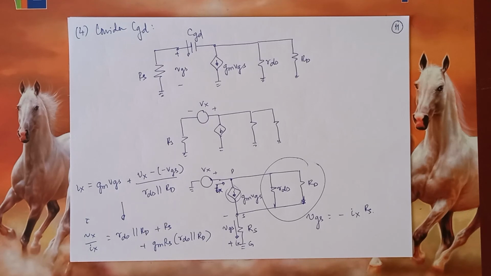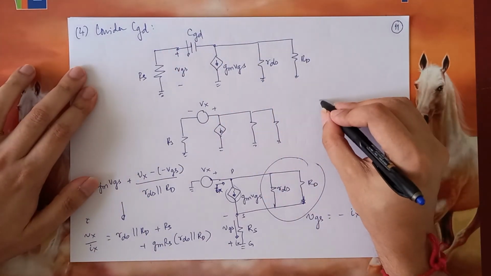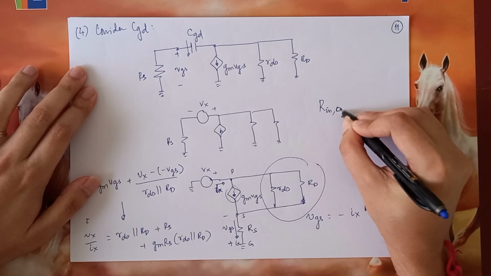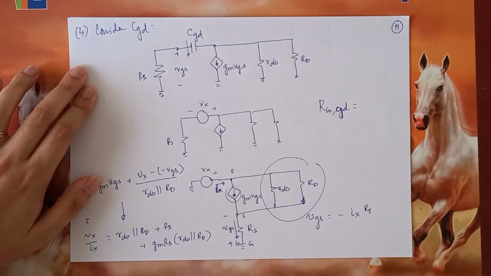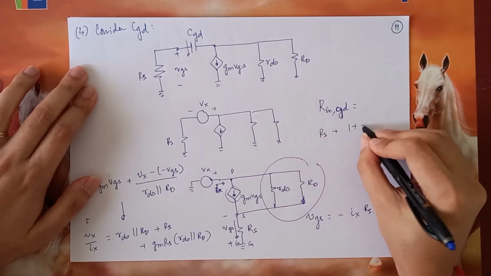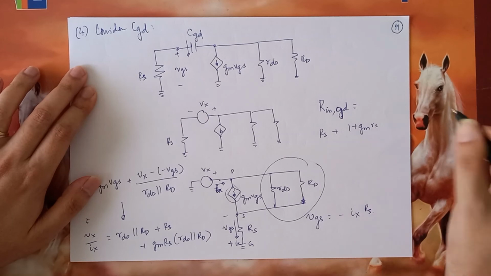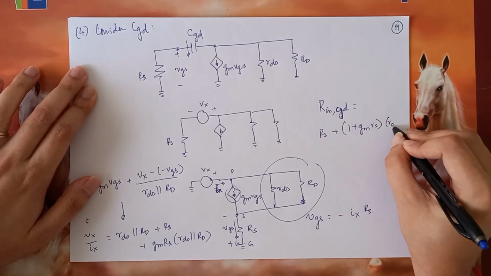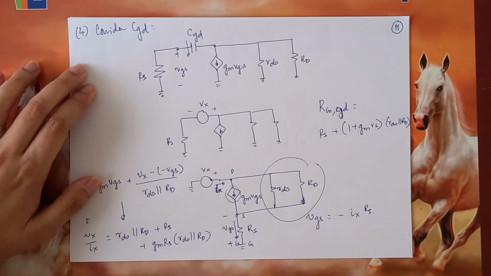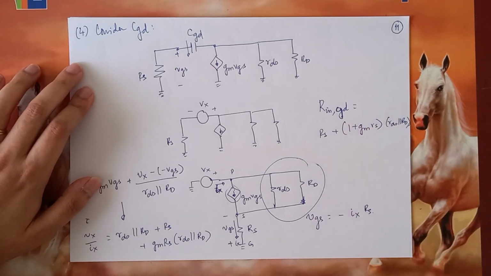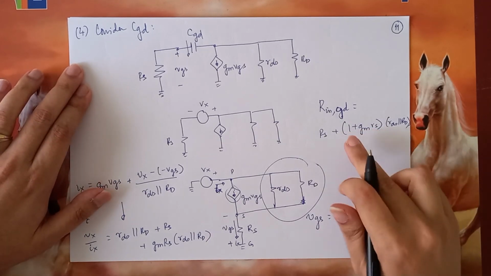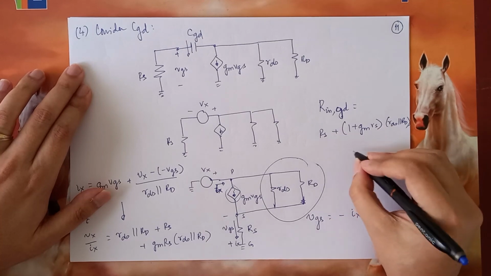This is the net resistance seen. So the net resistance which it is seeing is R_GD, which is equal to RS plus 1 plus gm RS times RDS parallel to ID. So if you substitute the values that are given, this comes out to be, if I am not wrong, somewhere about 12 kilo ohms.